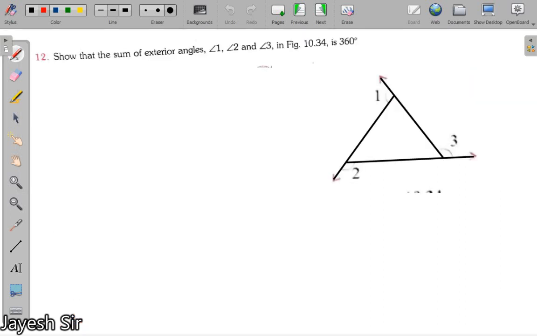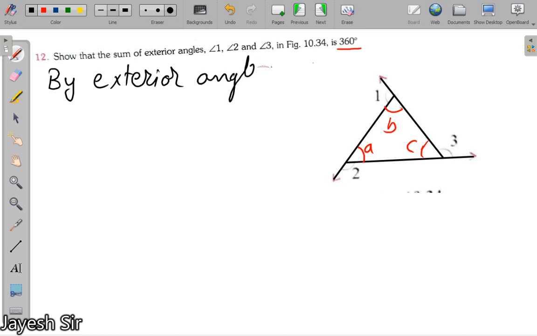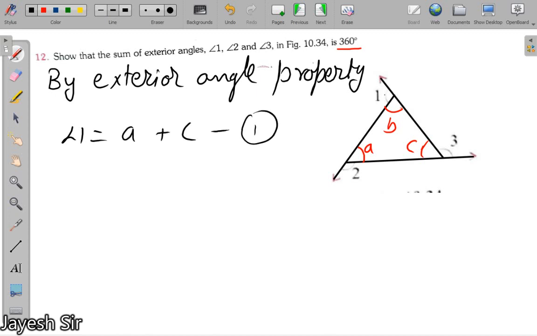Next is show that sum of exterior angles of a triangle is 360 degree. So let me name interior angles as A, B, C. By exterior angle theorem, by exterior angle property, first of all, angle 1 will be equal to A plus C. First equation.